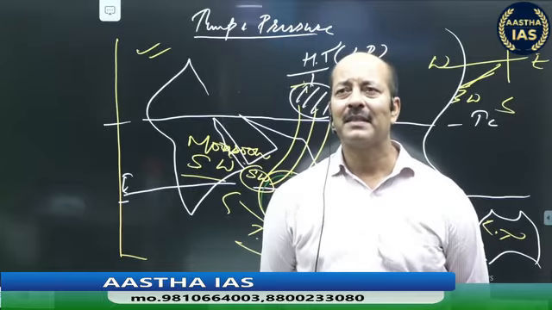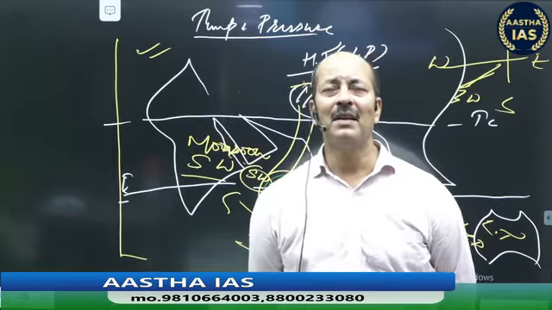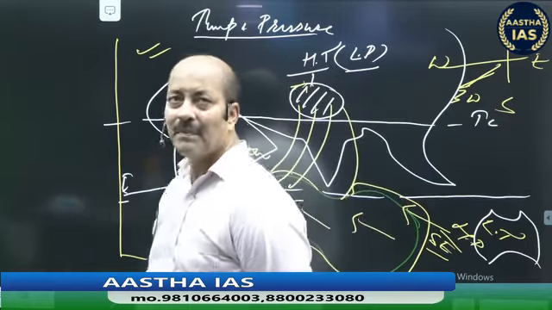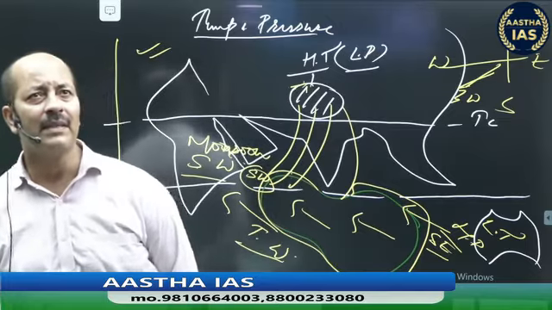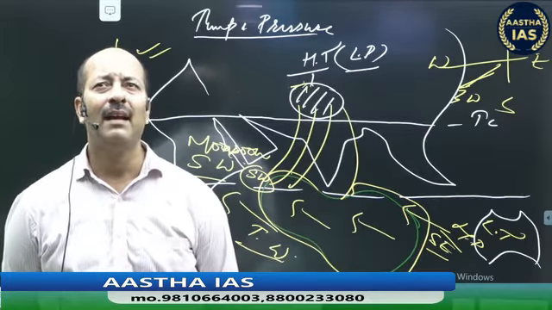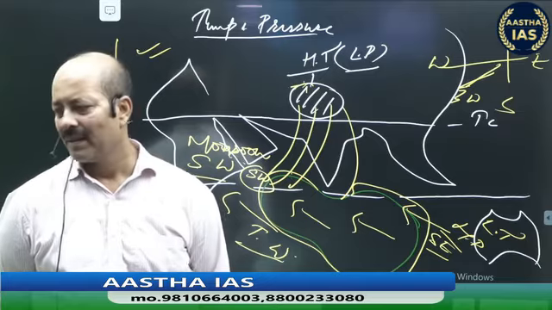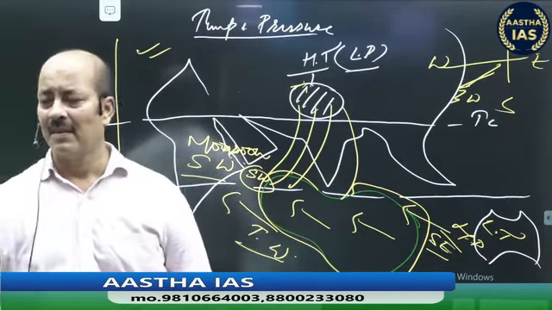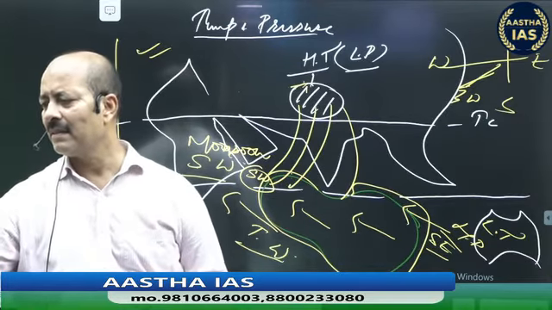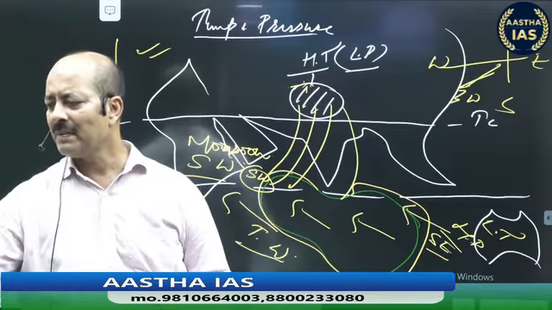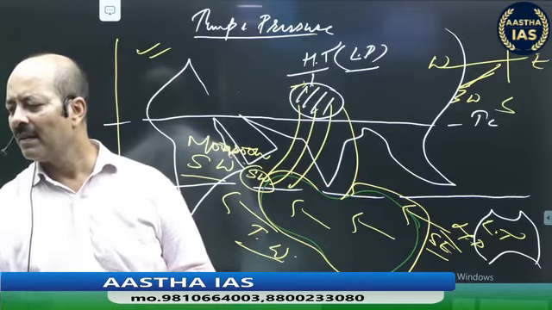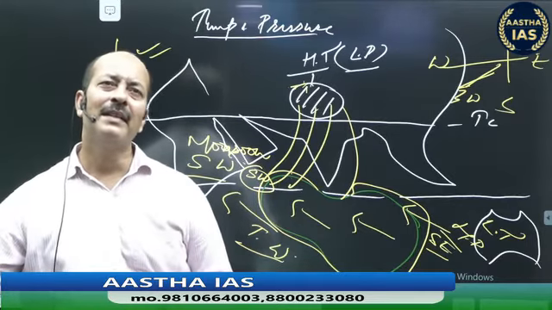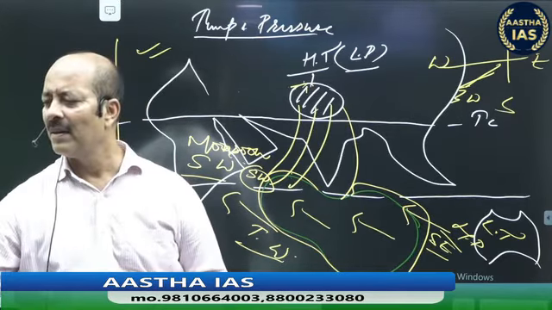So on 21st of June, there is a high temperature and low pressure on the Indian subcontinental area. So India experiences high temperature and low pressure.